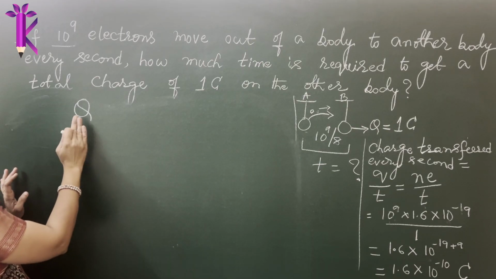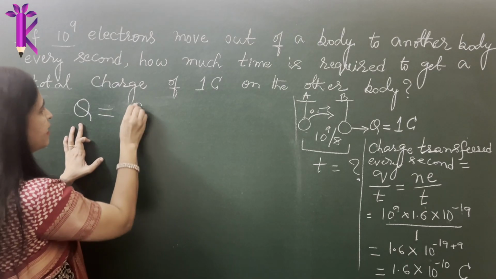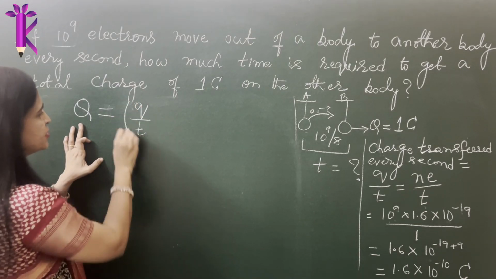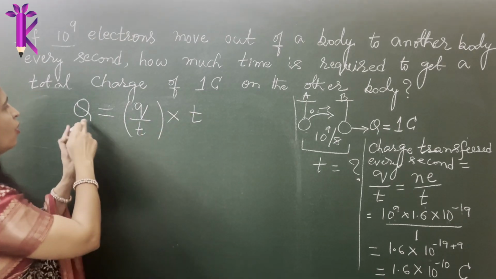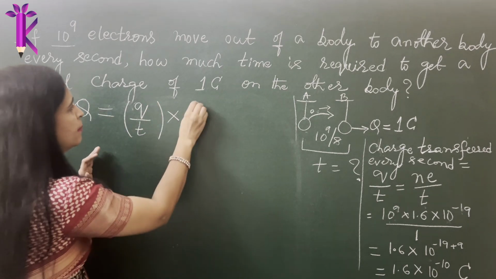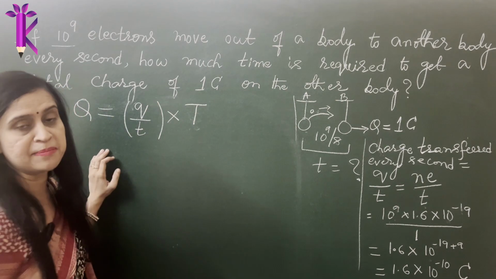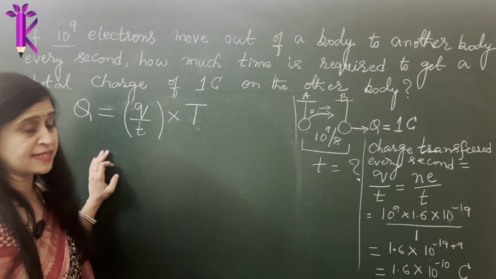So the total charge is equal to the charge transferred every second, which is Q by T, which we have already calculated, multiplied by the total time taken to transfer it. I hope you understand the logic.